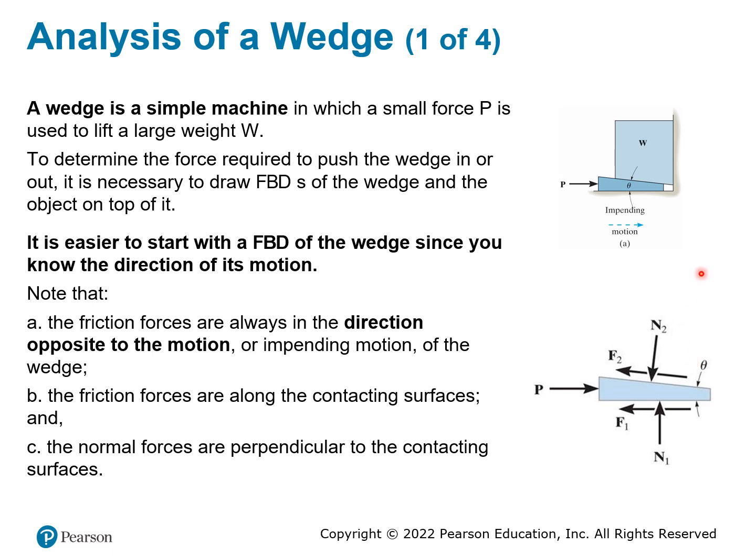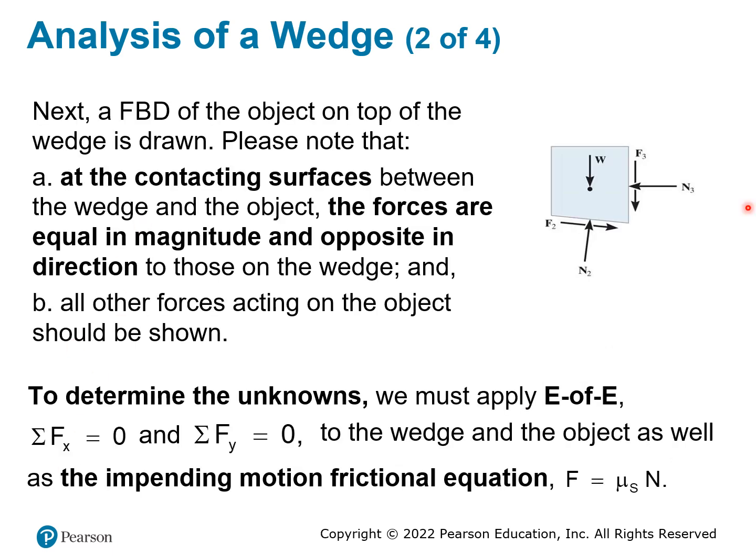The most important thing again is to have a clear picture of the free body diagram. If we look at the big object itself, you have two contact surfaces: one on the right, and one in between the wedge. On the right, you also have a normal force, so now we have N1, N2, and N3.